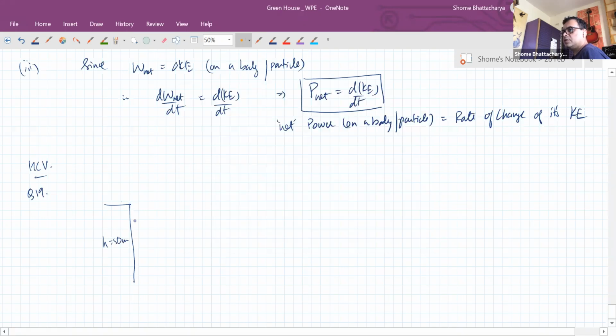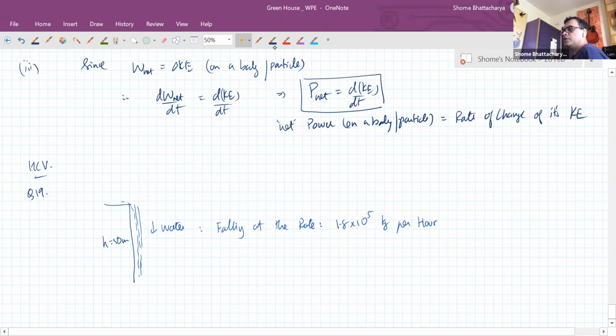So we have a continuous stream of water which is falling at the rate of 1.8 into 10 raised to the power 5 kg per hour.